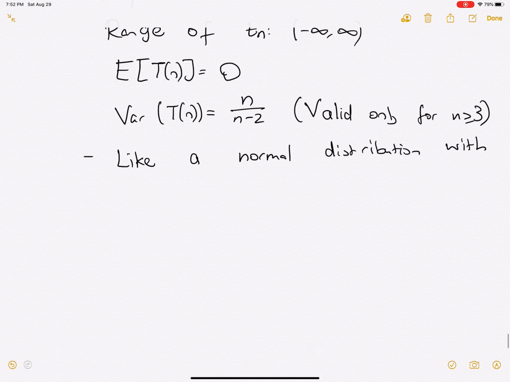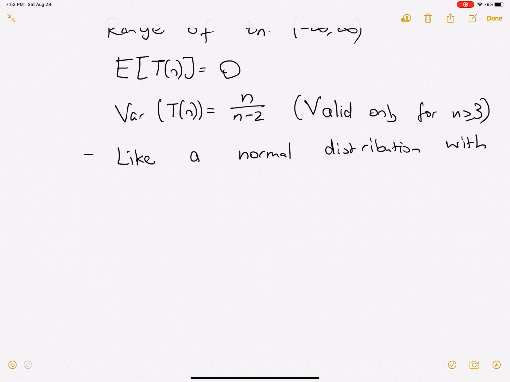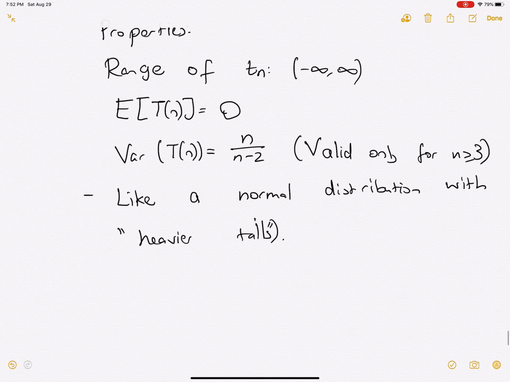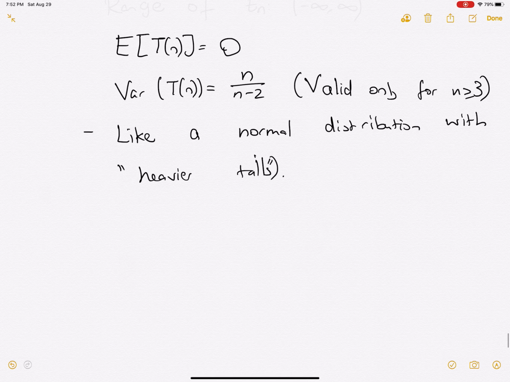So it's like a normal distribution with heavier tails, basically, and hopefully the intuition behind this will become clearer.